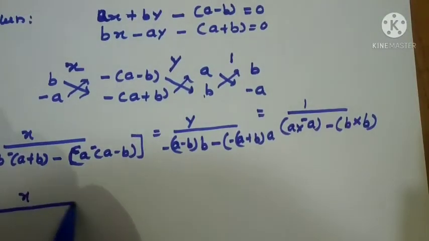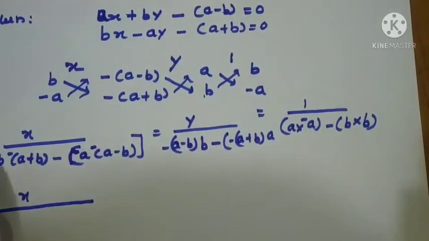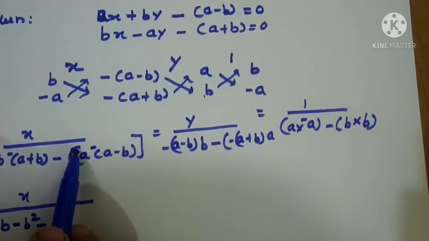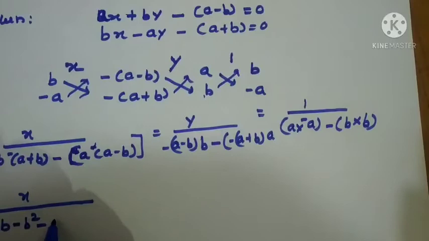x divided by b into minus a minus ab, b into b square only, but minus sign is there, so minus. Here already one minus is there, so minus into minus is plus. So a into a is square with a minus sign.